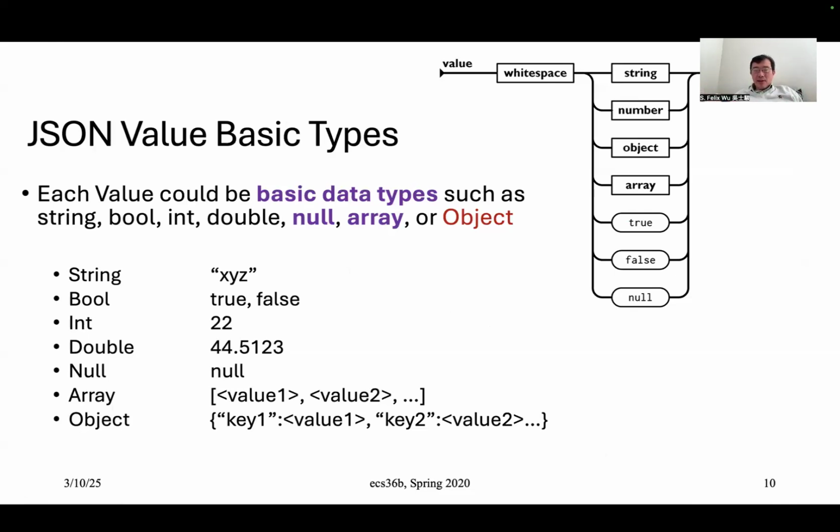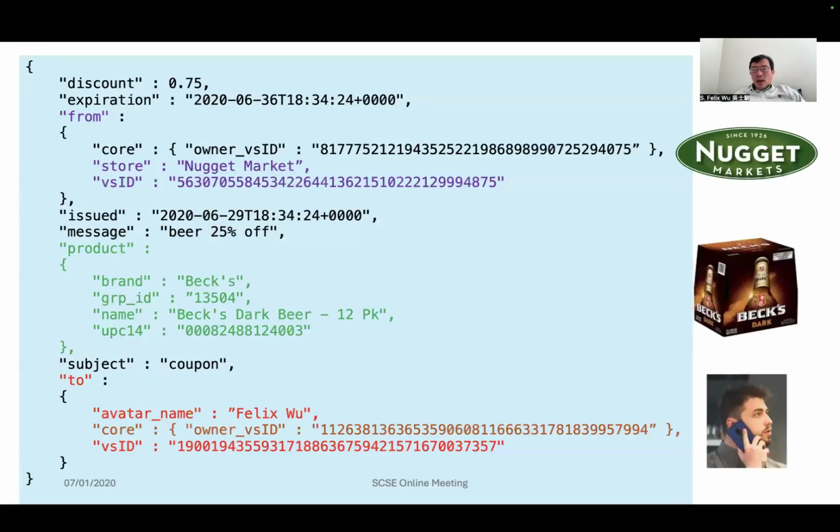So now let's get back to this one. I hope you have some basic understanding about a JSON object. Remember I said, if you have a pair of braces, this is an object. By the way, the whole thing is an object. And within this object, how many key value pairs do I have at the first level?